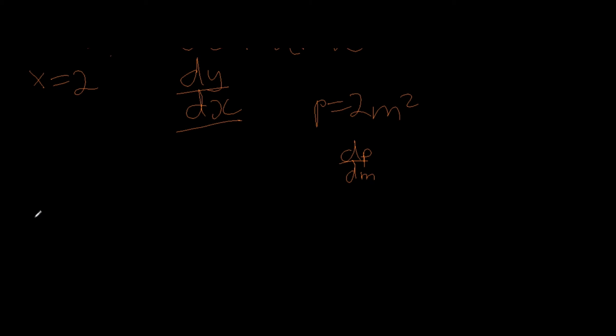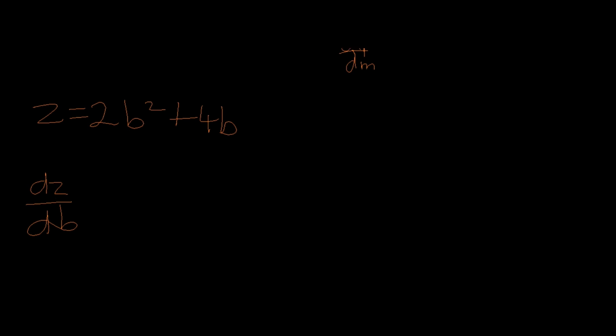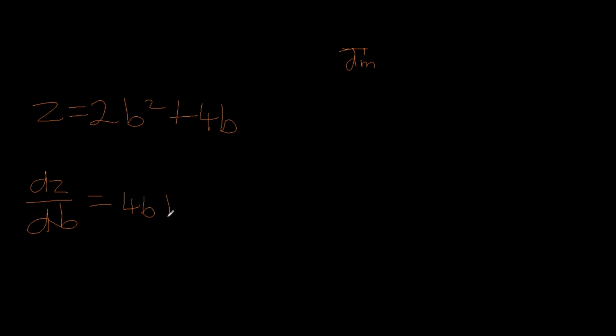If the function was z is equal to 2b squared plus 4b, you can see that this is the function z in terms of b, so the derivative would be dz db, and so on and so forth. So that's the notation that we use for the derivative. In this case, the derivative would be 4b plus 4.